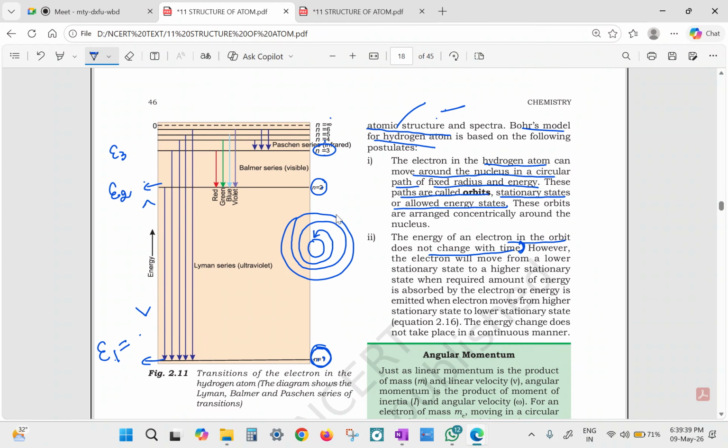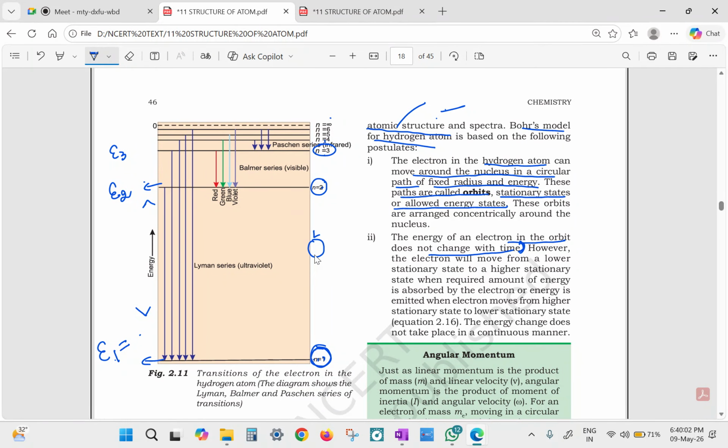Rutherford did not suggest that the atom will explode, but the people analyzing Rutherford's model said that if your model is accepted, all atoms should undergo dissociation. Since nothing like that happens, your model is faulty.